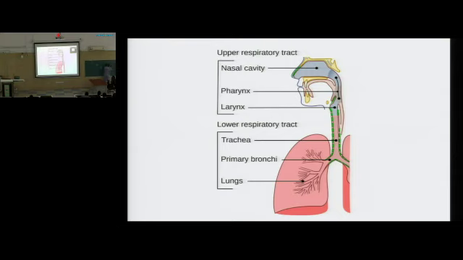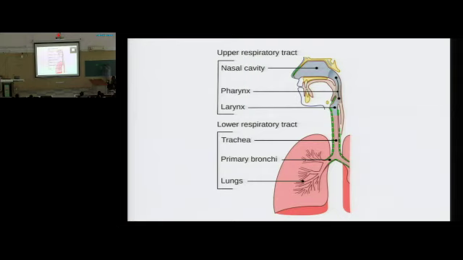It will have 3 to 5 terminal bronchioles, followed by the respiratory bronchioles, followed by the alveolar ducts, followed by the alveolar sac.